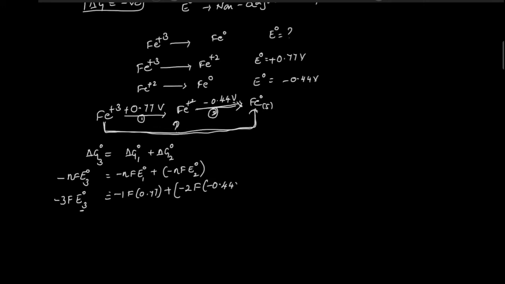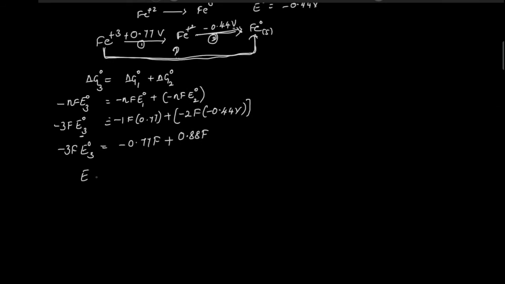Minus 0.44 volt. After simplifying these equations, minus 3F E naught of 3 will be equal to minus 0.77 F, minus into minus plus, plus into plus. So 2 into 0.44 is 0.88 F.